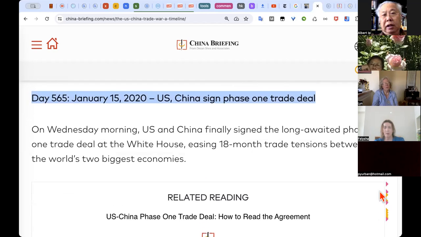Okay, eventually, China and the US signed the Phase 1 trade deal, but that trade deal was interrupted because of COVID. Both countries shut down, and when you shut down, of course, all the goods and services also stop.